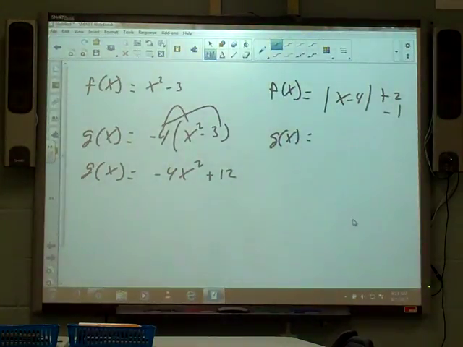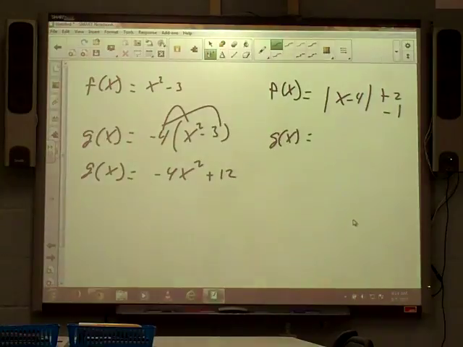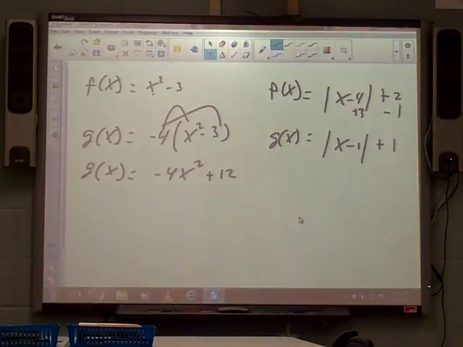Then it also says I'm going to go 3 units to the left. Left and right is in with the x. You go the opposite. Normally left means minus, but that means I'm going to add 3 there. So it's going to get me absolute value of x minus 1. So is that our answer? Plus 1. Because the -2 plus 1 would be 1. So that would be our final answer there.